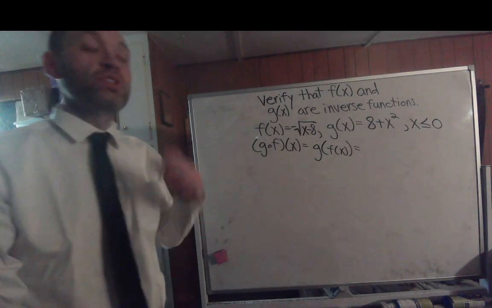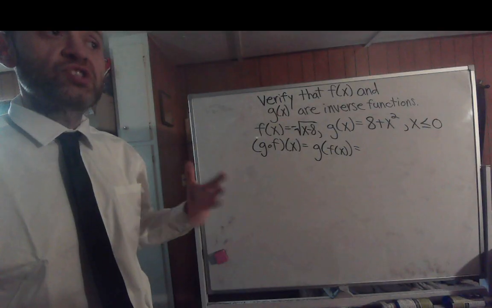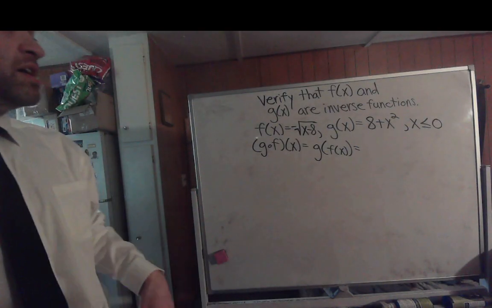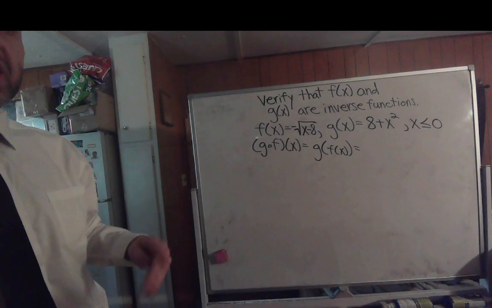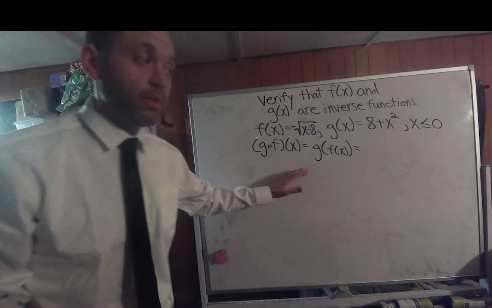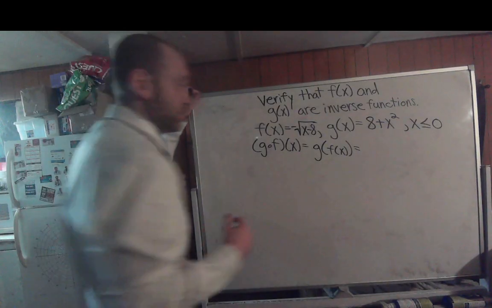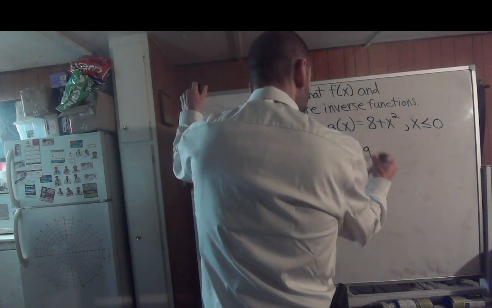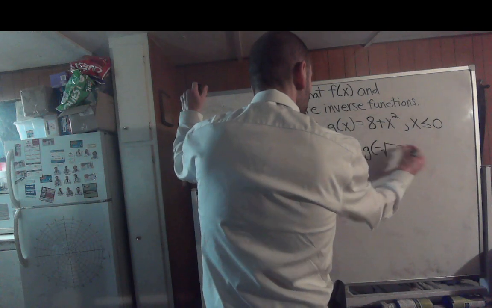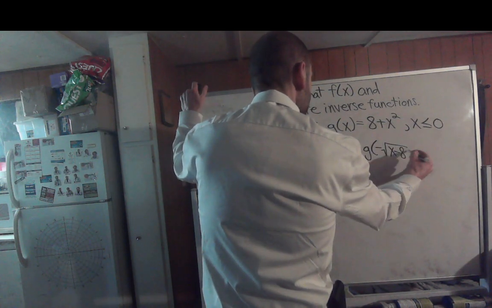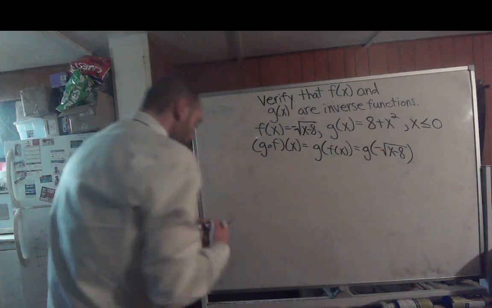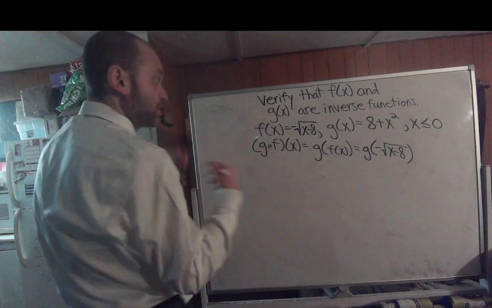If you're just doing the normal composition of functions, order does matter. But to verify if a function's an inverse or not, the order doesn't matter for when you do a composition. So this would be g of the negative square root of x minus 8. So let's go ahead and evaluate that mess.